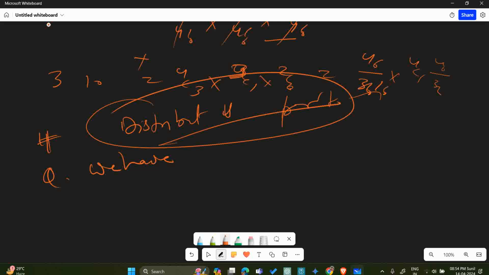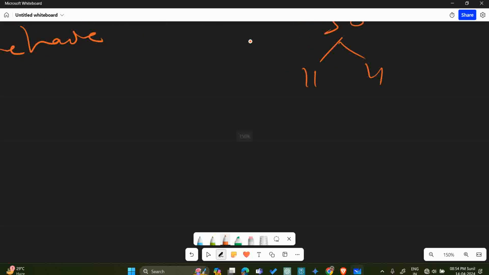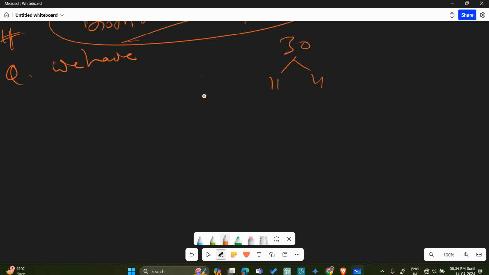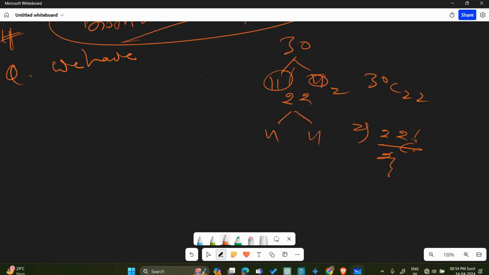We have 30 players. How many ways to make two teams each of 11 players? So 30, we would select 11, 11, 22. How can we select it? We have to select 22 from them, and then select 11 and 11. 22 is 30C22, and it is 22C11, 22 factorial upon 2 factorial, 11 factorial, 11 factorial.